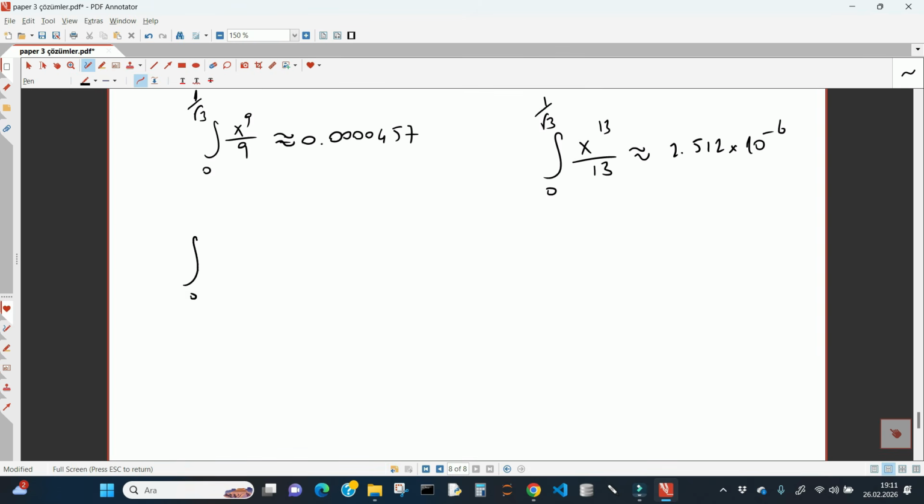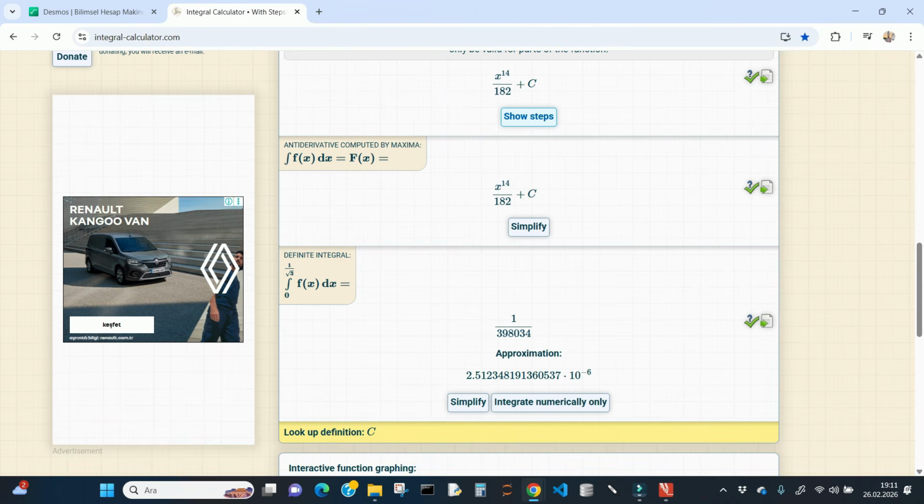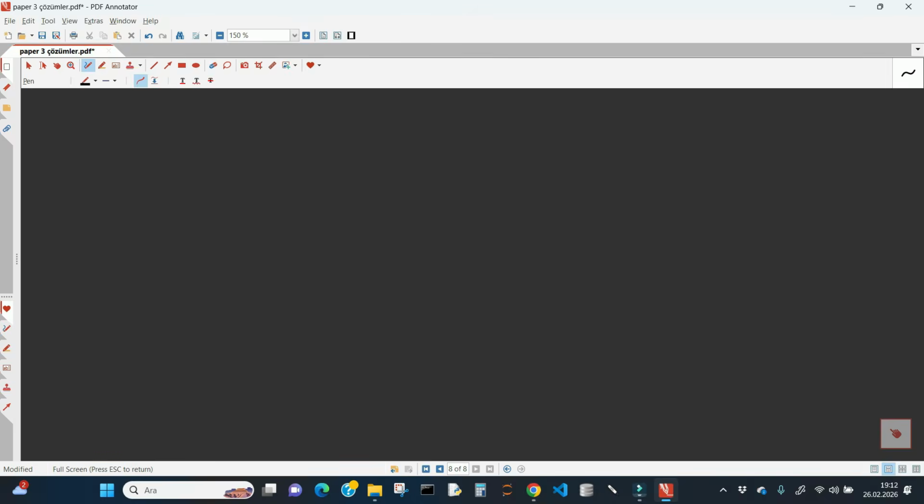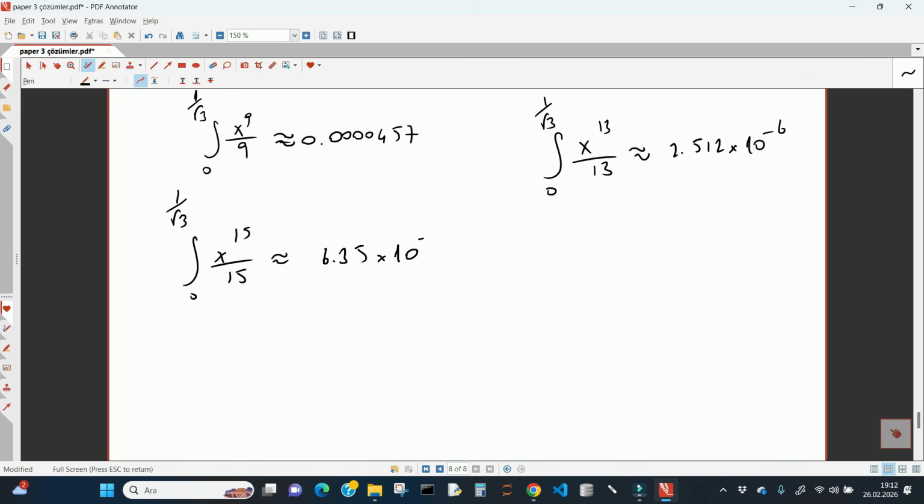So I will increase the power to 15, and let's check this integral. So this integral will be 6.35 times 10 to the power of minus 7, which is less than or equal to 10 to the minus 6.